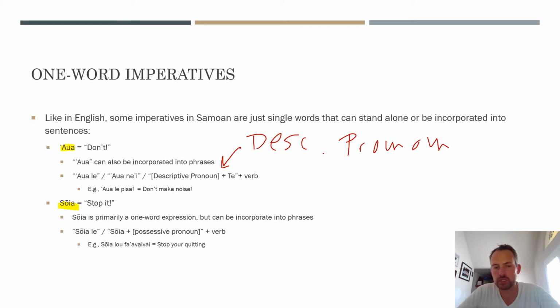You can also put, instead of le, which means the, a possessive pronoun in there as well. So you could say soia lo pisa, and that means just knock off your noise making. So it's very similar to le. It's just instead of saying the, you're saying your, which, if you haven't seen the pronoun and possessive pronoun videos, again, I recommend you take a look at those.